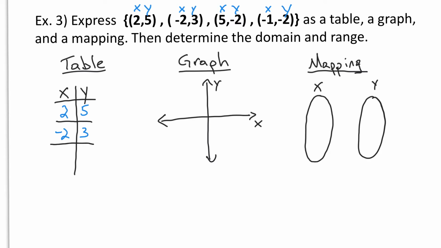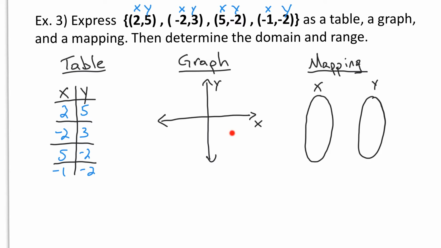The next point we have is 5 and negative 2. And the last one we have is negative 1 and negative 2 again. So here, that's our T table, or our table. You have the X values of the points in one column and the Y values in the second column.